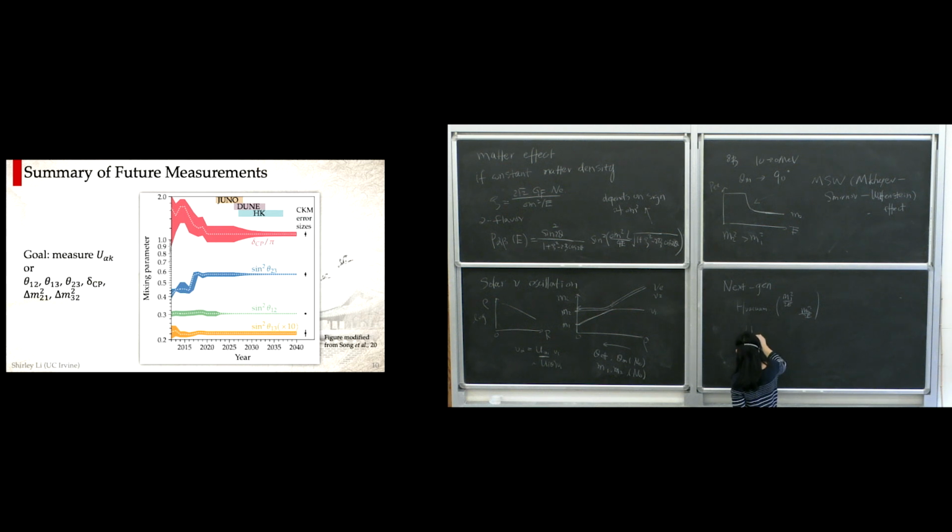And then we know the matter effect in flavor basis goes like this, right? Once you have the Hamiltonian in two different bases, you can diagonalize them however you want. And then because now you change the Hamiltonian, the diagonalization, hence the rotation between the two bases, would be different. And in the sun, I didn't write down the specific terms, but it works such that when V is infinitely high, they're just completely aligned.